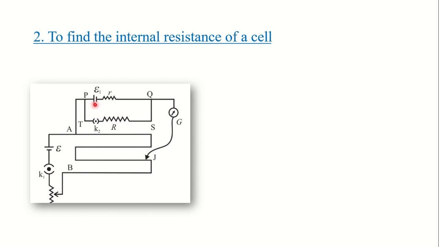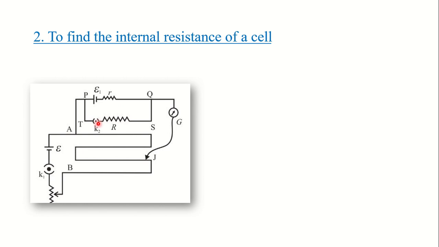Now parallel to the cell, a key and a resistance box is connected. In a resistance box, you can take any suitable resistance that you want from this resistance box. Now, after doing these connections, keep the key K1 closed.